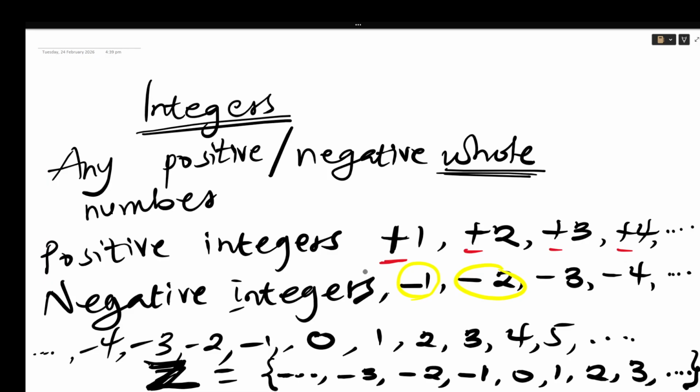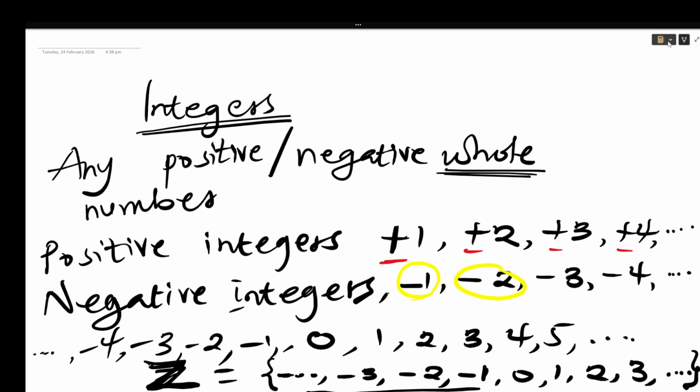So now we can see that integers has natural numbers, has whole numbers, and has negative integers. It has the positive side and the negative side. That is integers. If there are any questions or misunderstandings, let us know in the comment section, then we can address them appropriately.